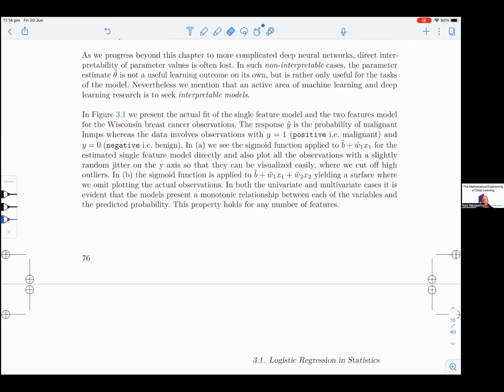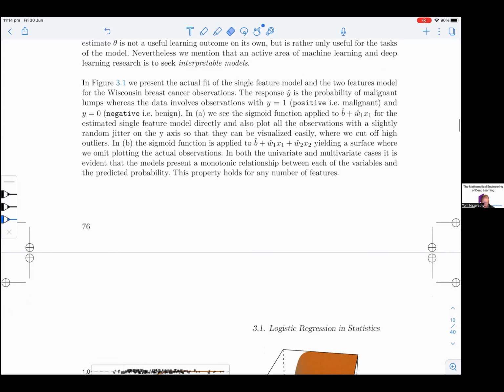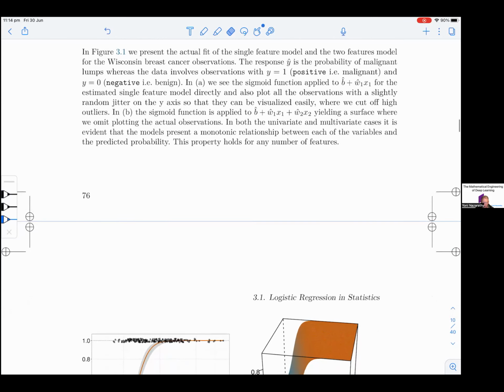Nevertheless, we mentioned that an active area of machine learning and deep learning research is to seek interpretable models. In figure 3.1, we present the actual fit of the single feature model and the two feature model for the Wisconsin breast cancer observations. The response y hat is a probability of malignant lumps, whereas the data involves observations with y equals 1, that's positive, i.e. malignant, and y equals 0, that's negative, i.e. benign.